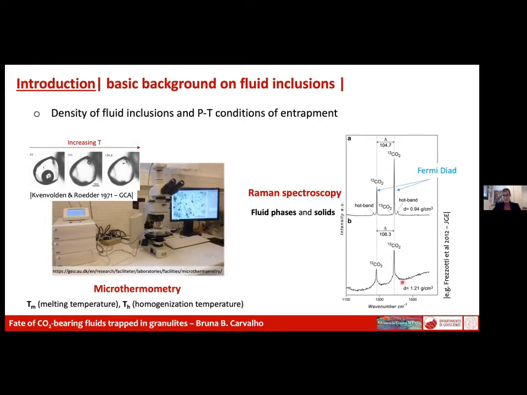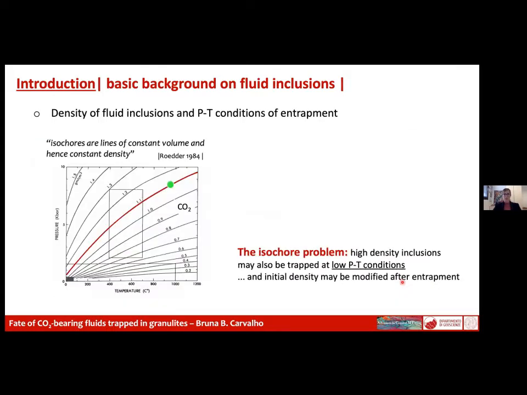Here there's an example. The density of inclusions can be, and has been, used to determine the PT conditions of entrapment of fluids. And this is done using isochores, which are lines of constant volume and density. Here there's a PT diagram with isochores for CO2.